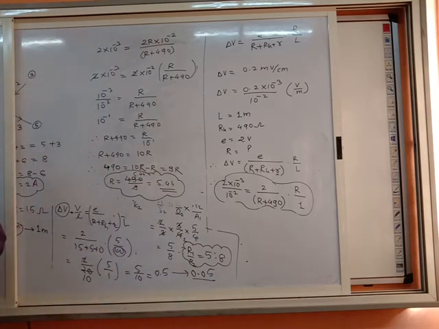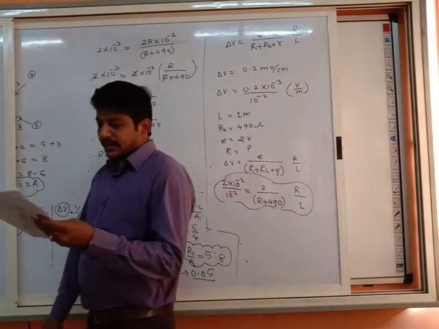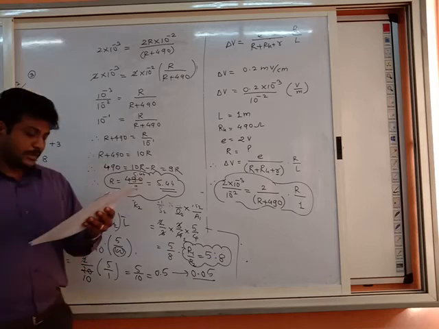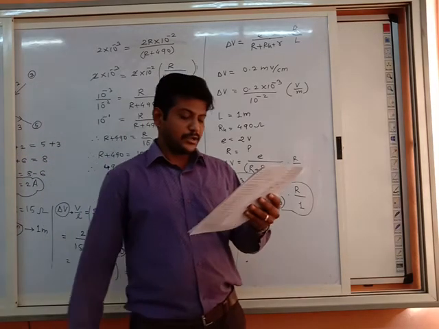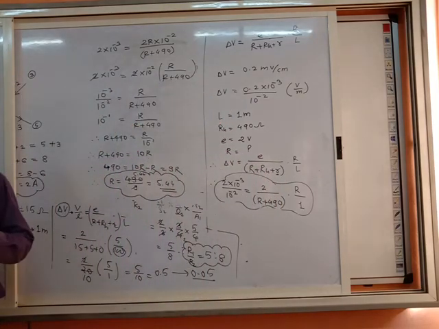Next one, calculate the amount of charge flowing in 2 minutes. Okay, time is said to be 2 minutes in a wire of resistance 10 ohm when potential difference of 20 ohm is applied between ends.